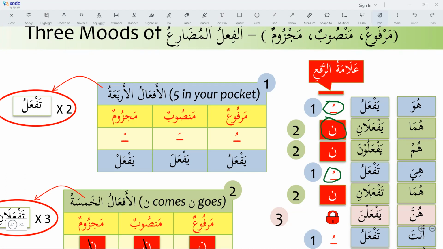And huma taf'alani, this noon is alamte rafa. In hunna yaf'alna, it is constant, we have learned. Anta taf'alu, dhamma is alamte rafa here.